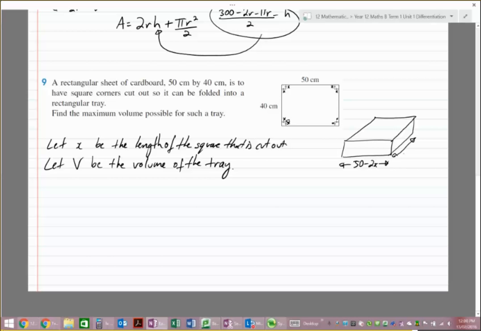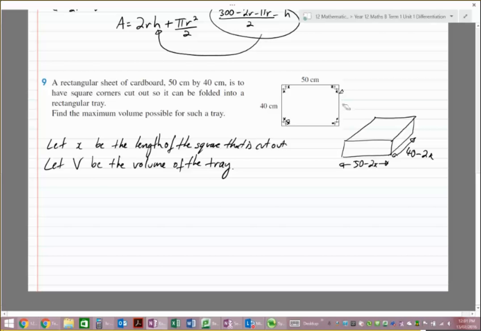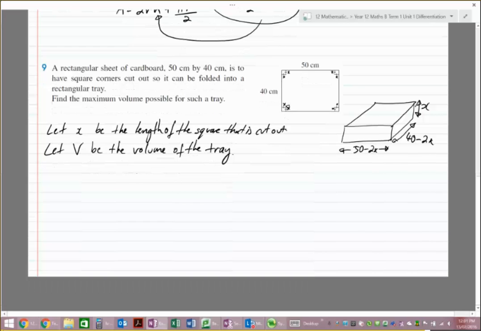You can do a similar thing on this side. This dimension is really over here, which is really 40, so the whole thing, take away 2x. Okay, and hopefully you can see when we fold these squares up, that height is actually x. Experiment with a piece of paper yourself, see what happens.